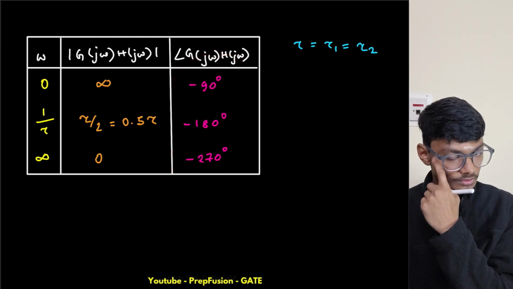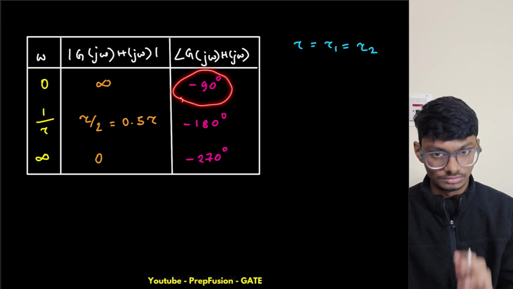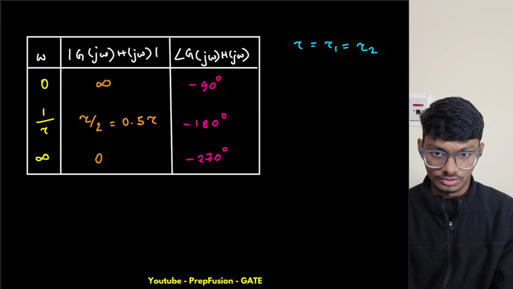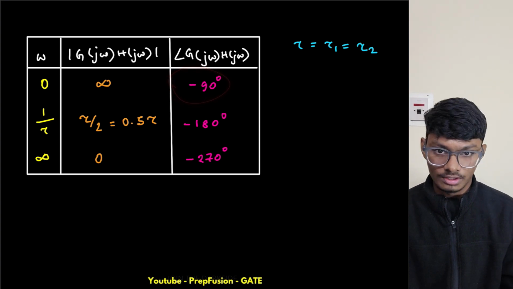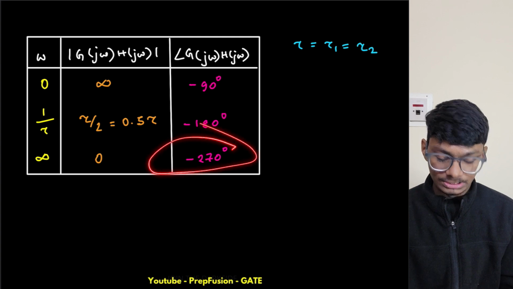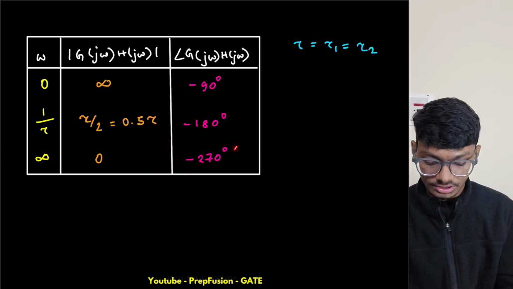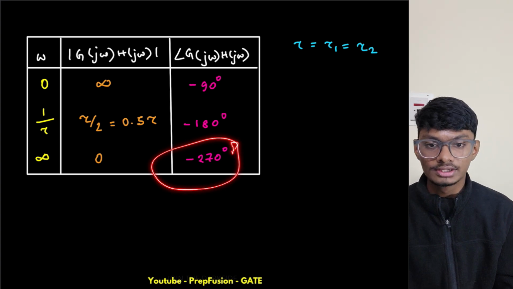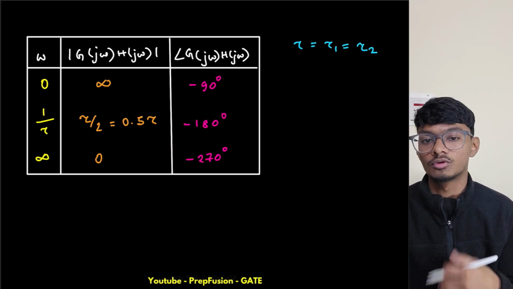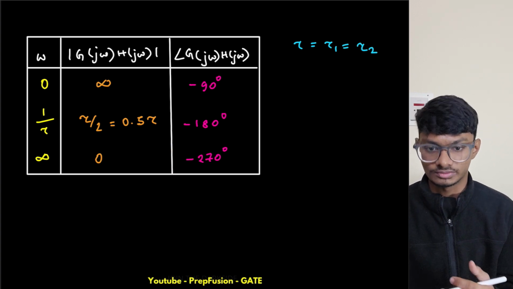What does this represent? My type is 1, as my initial angle is minus 90. And this represents that my order is 3, but obviously if I only have poles, then only this can say about the order. If I also have zeros, then I won't be able to comment about the order, because zeros will also contribute some positive angle.